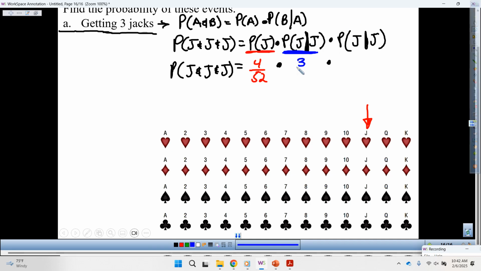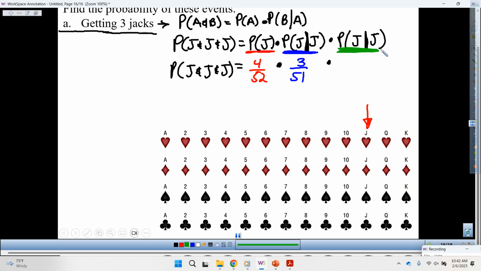Three out of 51. That is correct. Let's go. Why is that? Because now this number depended on the fact that we took the first jack out. Is that correct?